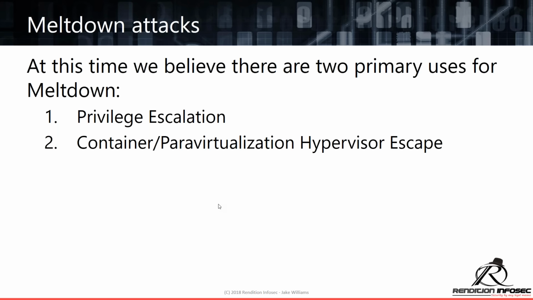Docker is another. So if we have a container type setup, we may find a scenario where the attacker is able to break out of that container because of the shared kernel memory between the host and the guest. So if you're in the cloud and you're relying on Docker, this should kind of concern you, right? And then local privilege escalation, of course.